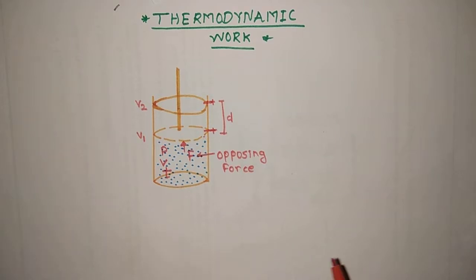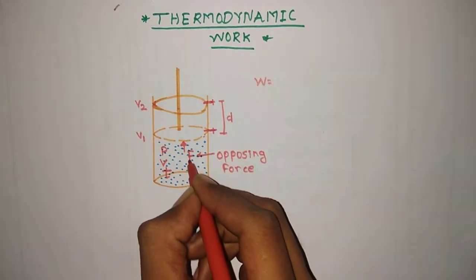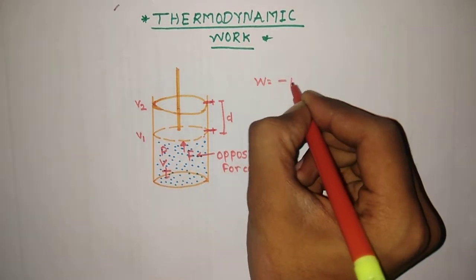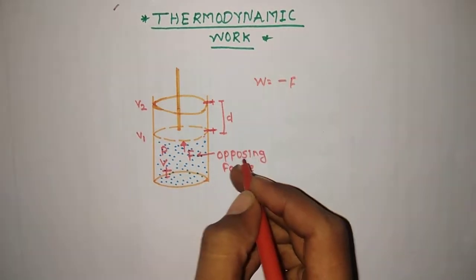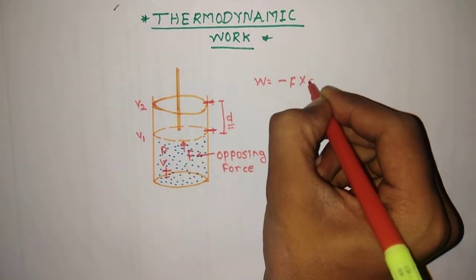Now, we know that work is given by force into displacement. So here work equals the force which is acting in the upward direction, so it is negative, and the force is the opposing force, with a displacement of d.